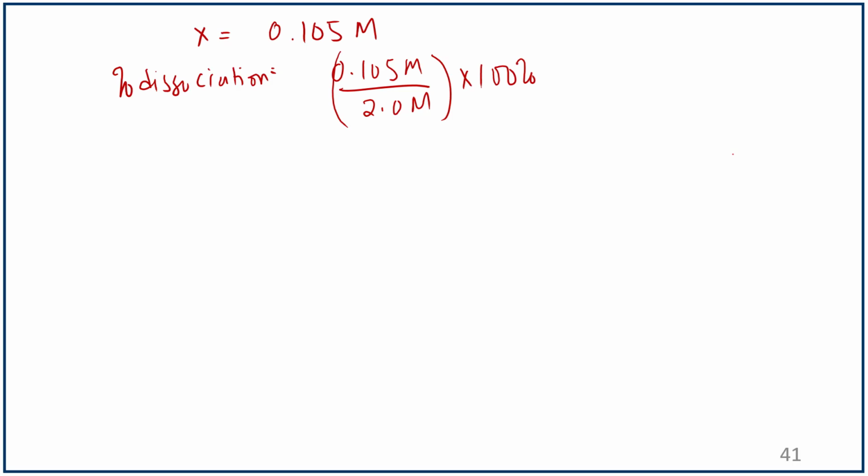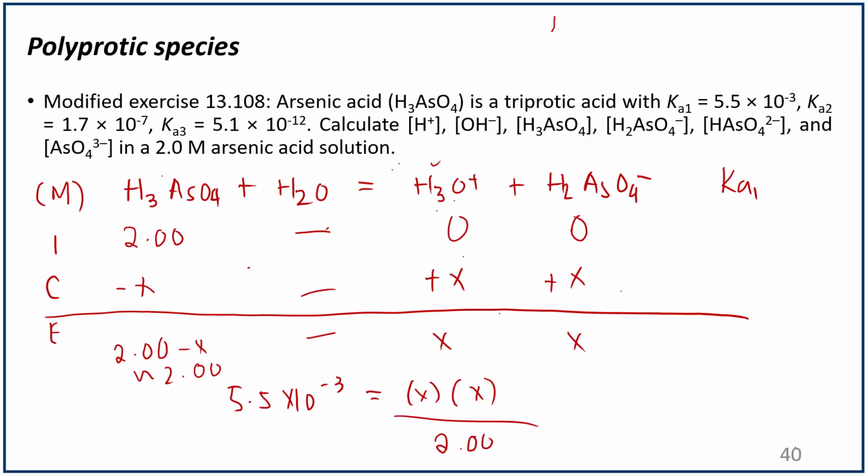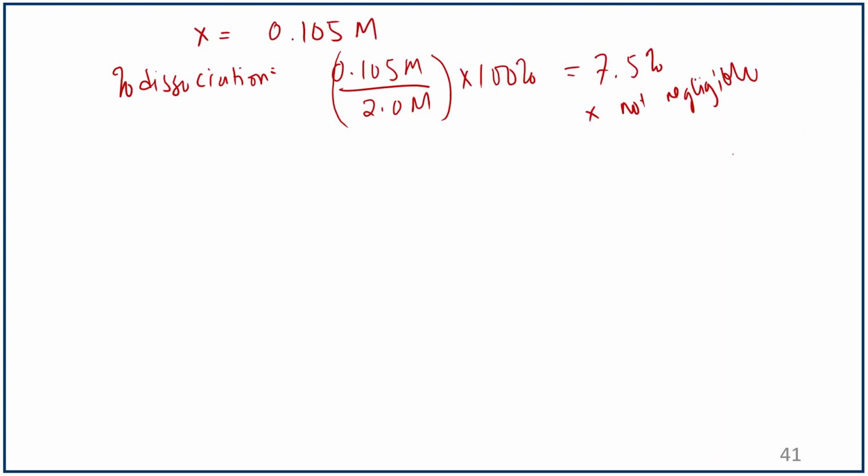Now this one actually gives you 7.5%, which is well above the 5% rule. So this just means that x is not negligible. Okay, x is not negligible, meaning our assumptions are bad actually. So what we'll just have to do is rewrite the expression for Ka1, except that this time we cannot assume this anymore. We just have to write this as the concentration of arsenic acid.